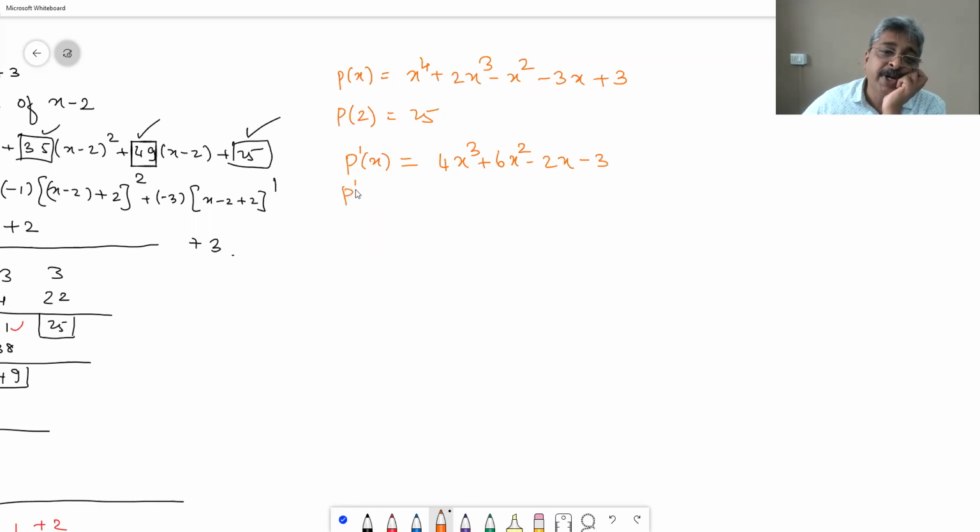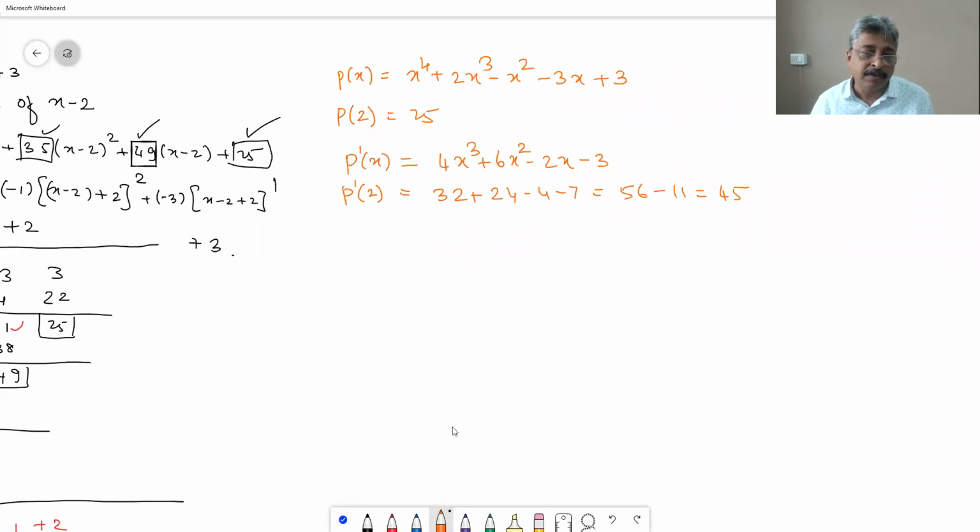And let us find out p dash of 2. 8 fours are 32 plus 6 fours are 24 minus 4 minus 7 is equal to 56 minus 11, 45.